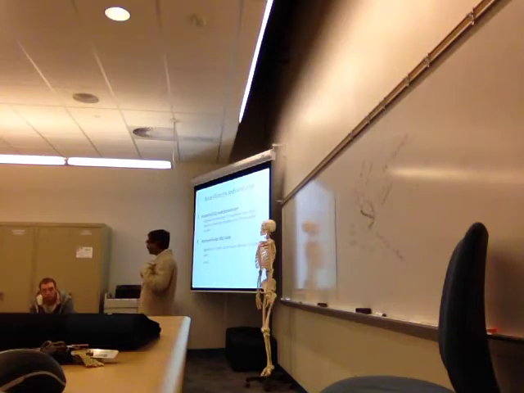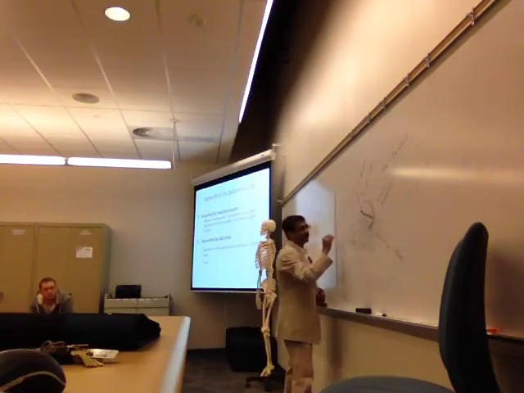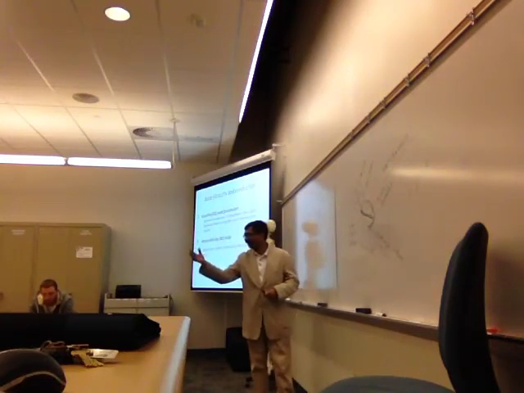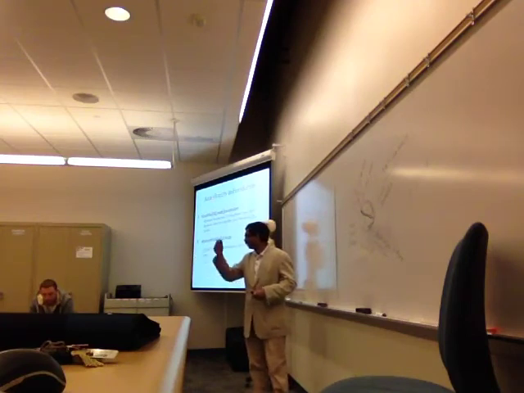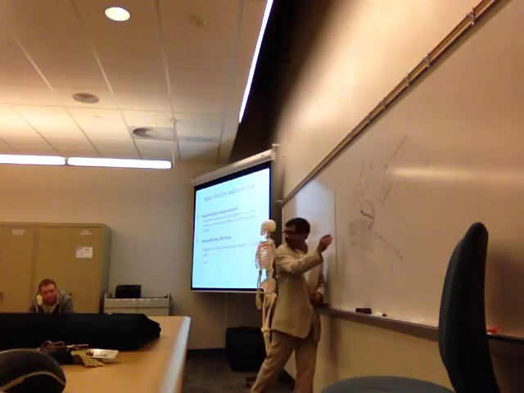Same thing happens. The SA node is sitting above, AV node is below. Every time AV node starts to depolarize like this, SA node sends signal. Depolarization is completed in SA node because it is faster. It will tell AV node that you don't need to do, and it will die.